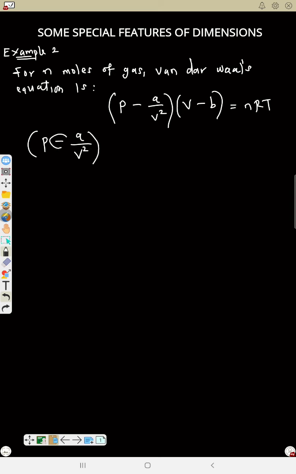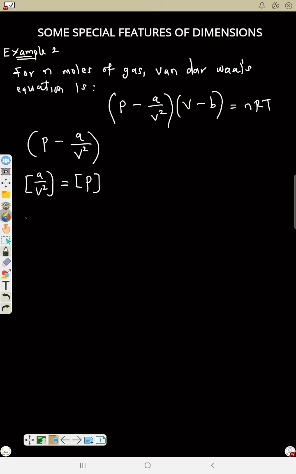For us to subtract these two quantities, the dimension of A over V squared must be equal to the dimension of P. P is pressure in our case, and V is volume, as given.